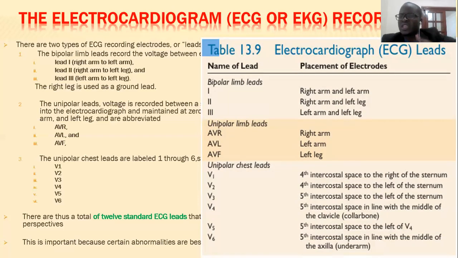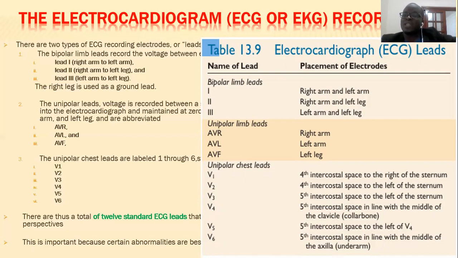Then you do the same to the left side. Within the same 4th intercostal space, adjacent to the sternum but to the left of the sternum, you put your V2. Then your V3, you put in the 5th intercostal space to the left of the sternum. From the 4th, it will be very easy for you to locate the 5th intercostal space.